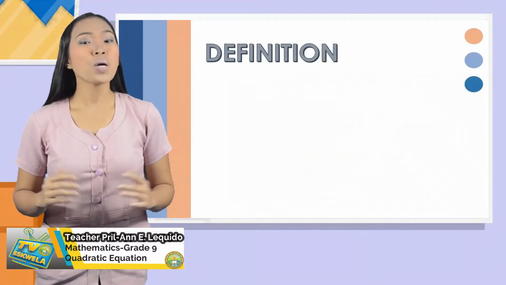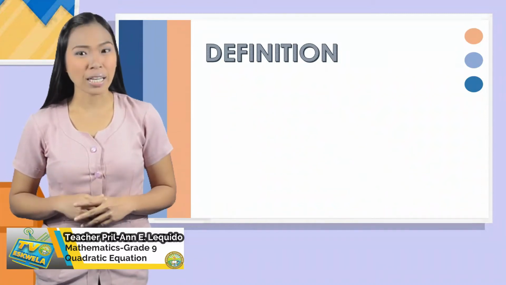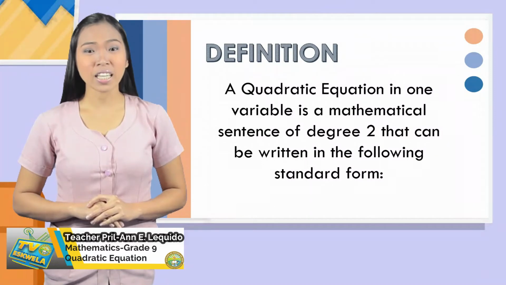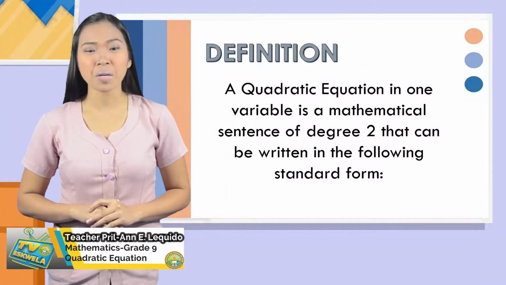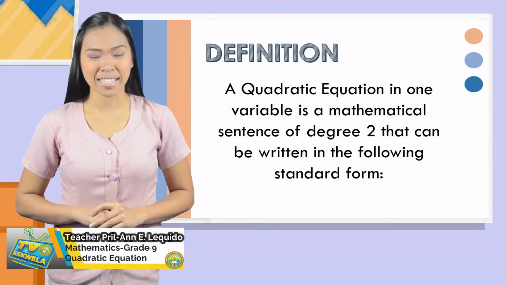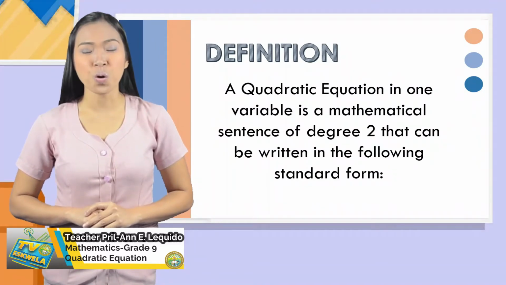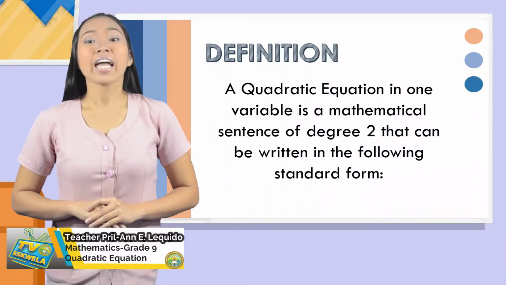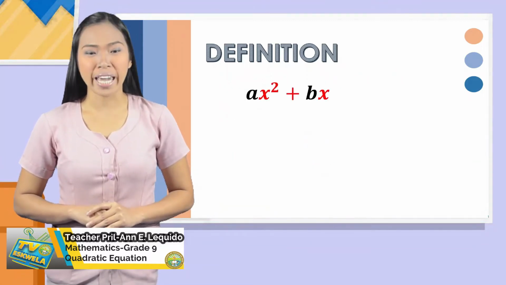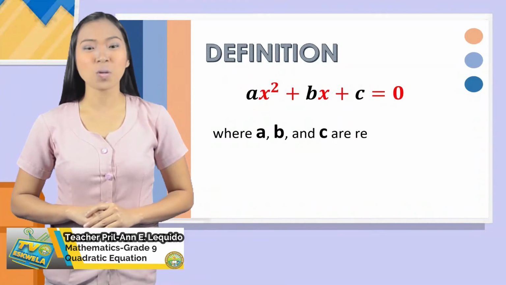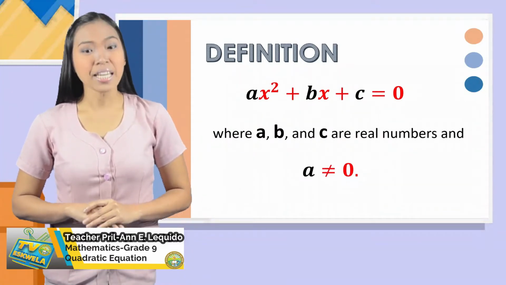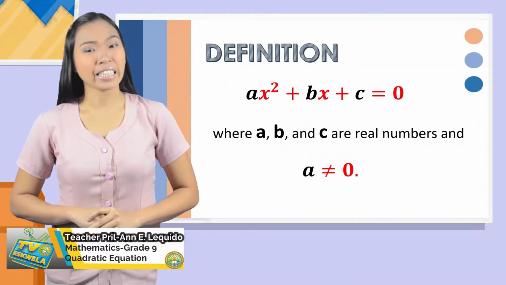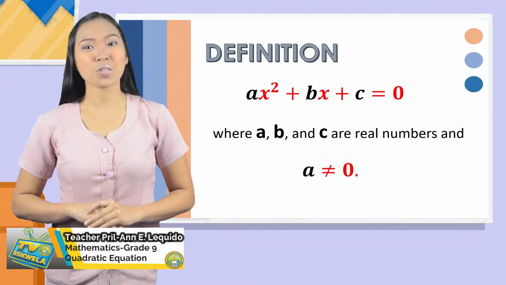This time, we will properly define quadratic equation. A quadratic equation in one variable is a mathematical sentence of degree 2 that can be written in the following standard form: ax squared plus bx plus c equals 0, where a, b, and c are real numbers and a is not equal to 0.